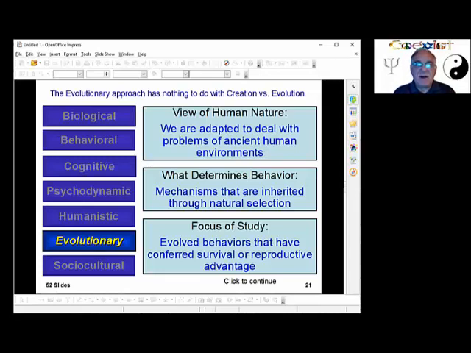So mechanisms that are inherited through natural selection are the ones that we are looking at, determine our behavior, and the focus of study is evolved behaviors that have conferred survival or reproductive advantage or both. And my problem with this group is not the theories that they make up, because they have really great theories, but the fact that they don't have to test them.